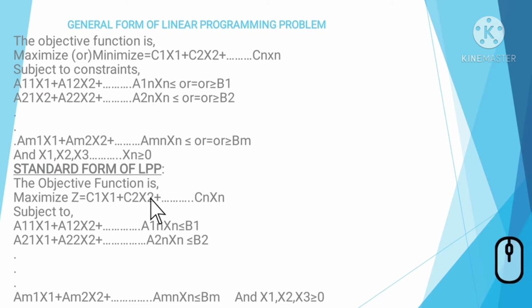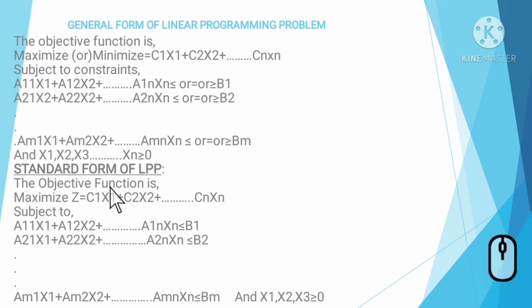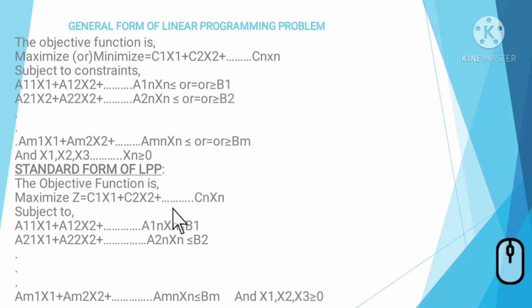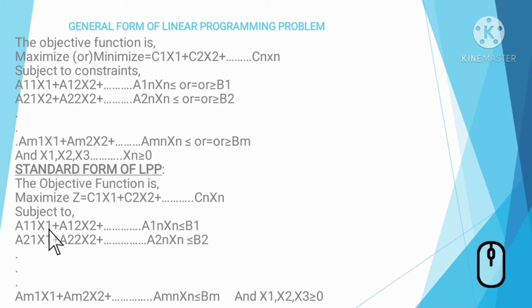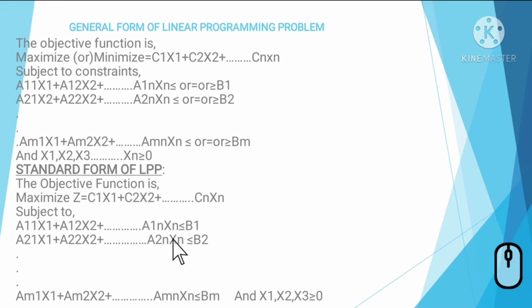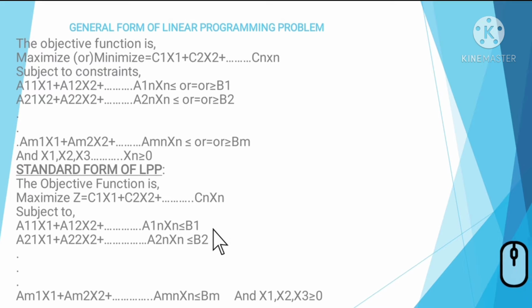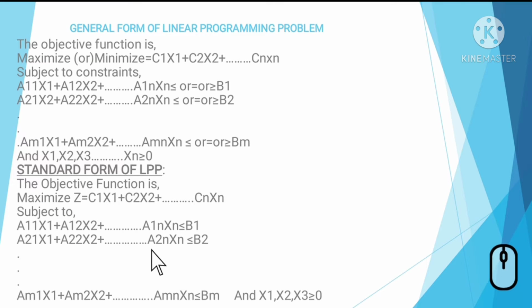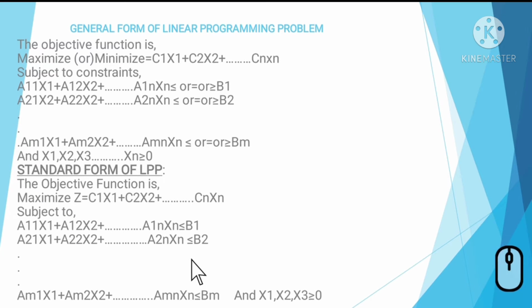The standard form of a linear programming problem is: the objective function is maximize z = c1x1 + c2x2 + etc. + cnxn, subject to the constraints a11x1 + a12x2 + etc. + a1nxn less than or equal to b1, a21x1 + a22x2 + etc. + a2nxn less than or equal to b2.